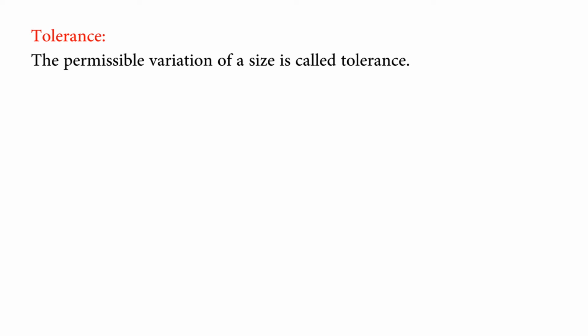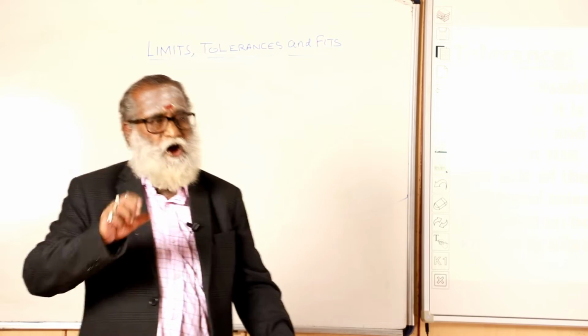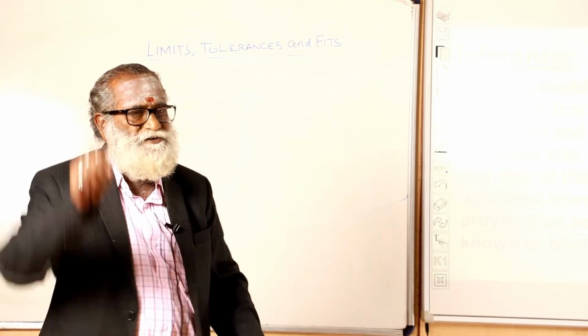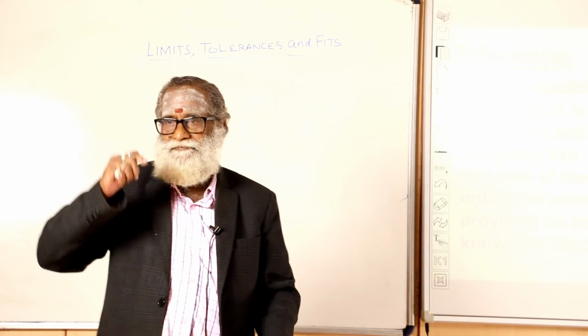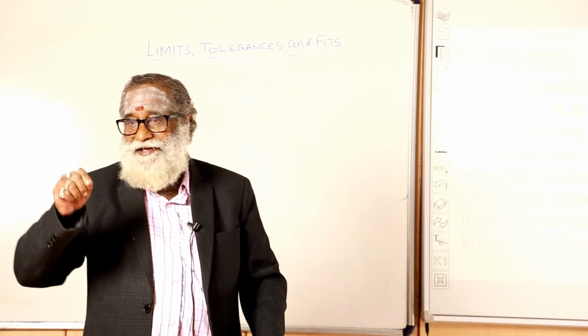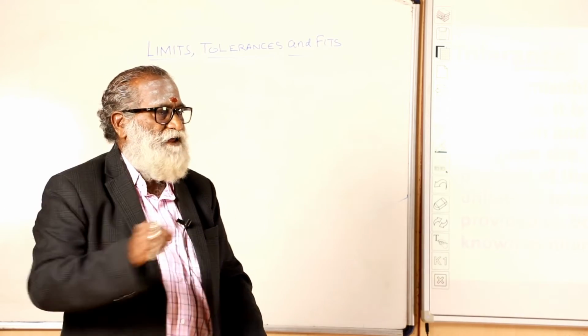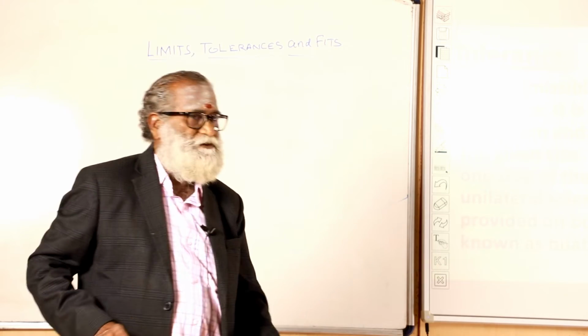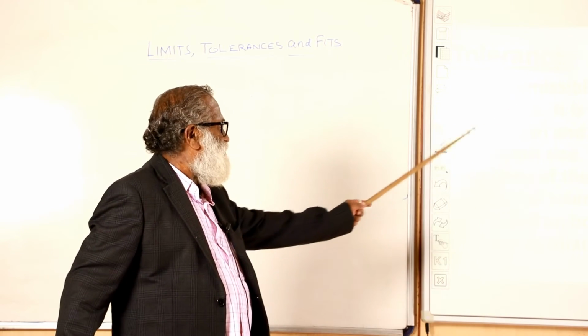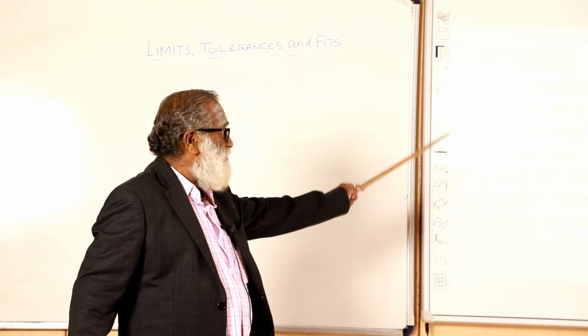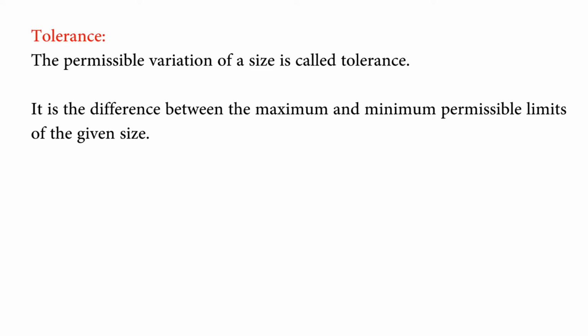How much error or mistake we can allow above or below, and that variation in size is called the tolerance. It is the difference between the maximum and the minimum permissible limits of the given size.